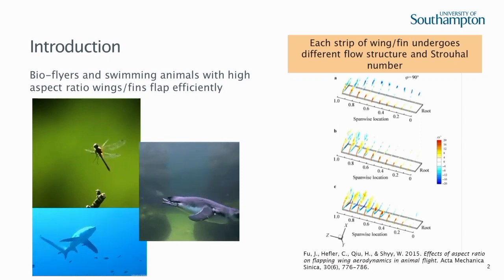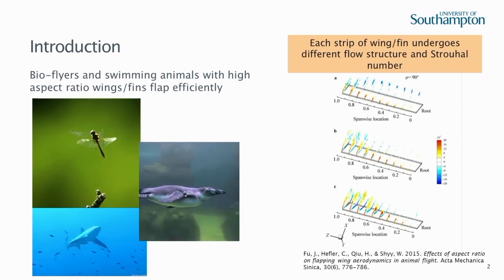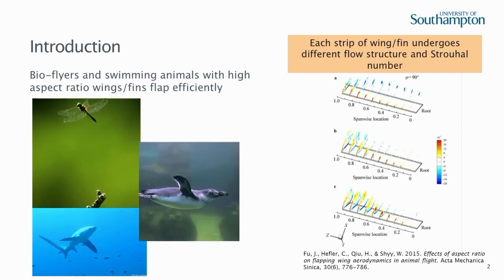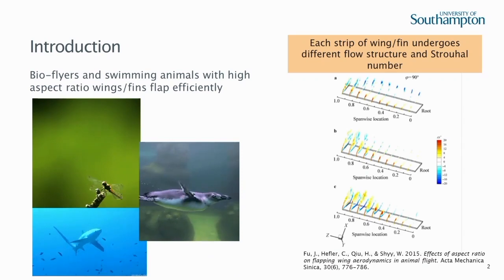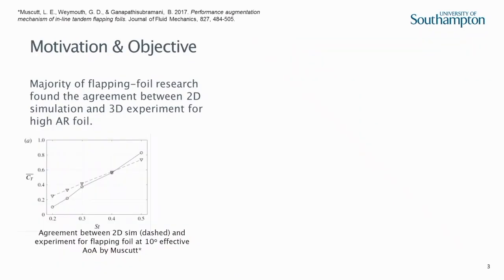We can see here from the experimental results from Fu that each strip of the wing undergoes different flow structures, and actually a different Strouhal number. My motivation for the research is that the majority of flapping foil studies prefer to do it in 2D simulations.